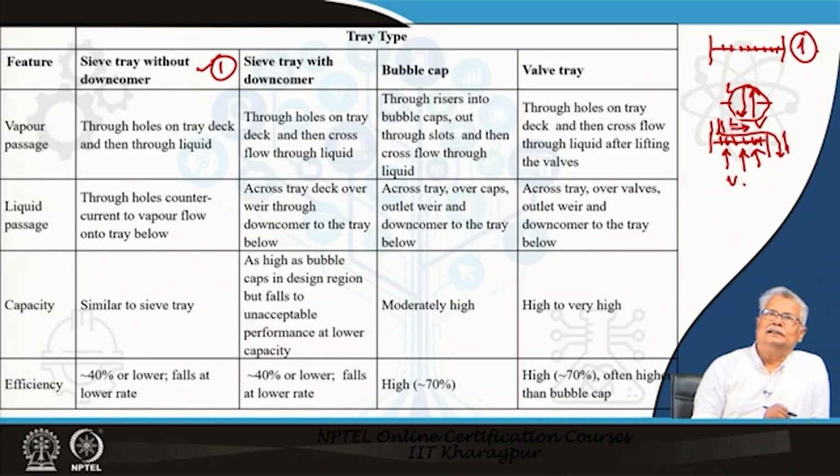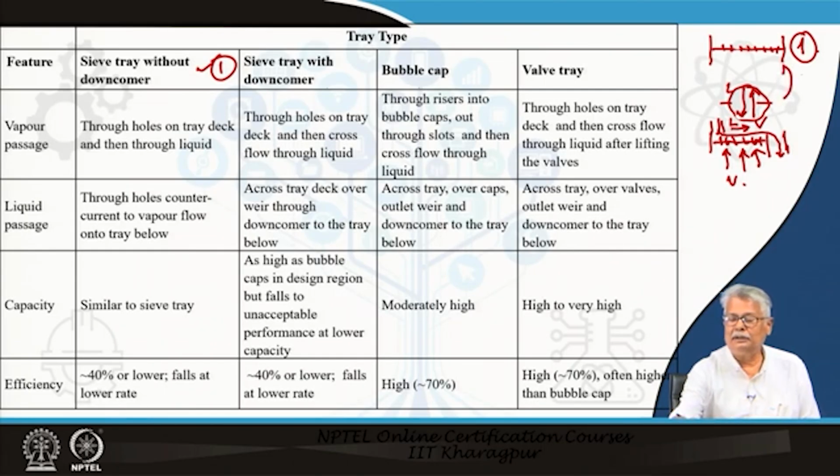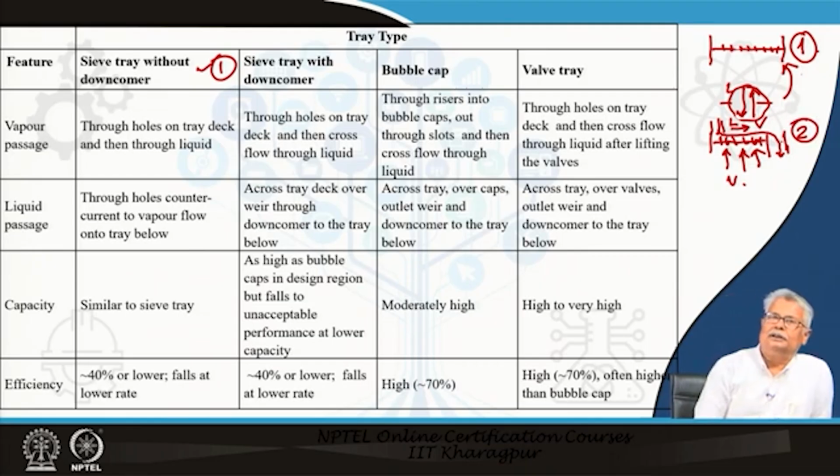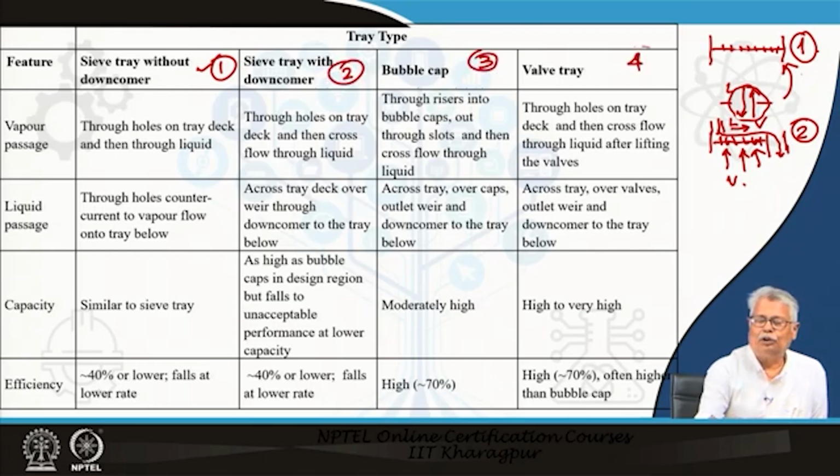In case of 1, you have a counter flow tray. That means you have counter flowing vapor and liquid through the same hole, whereas in the second type, the sieve tray with downcomer, it is a cross flow tray. In fact, number 2, number 3 and number 4 all are cross flow trays.